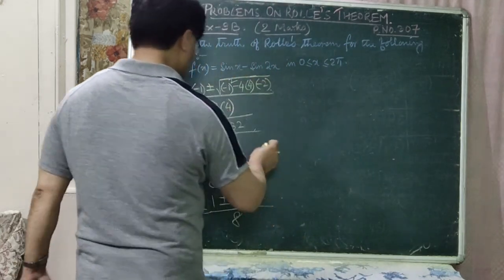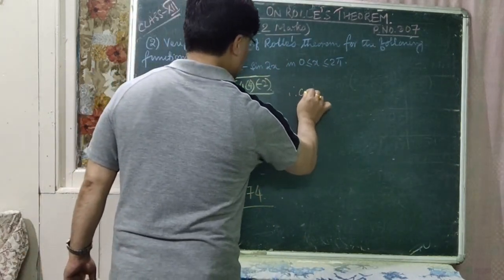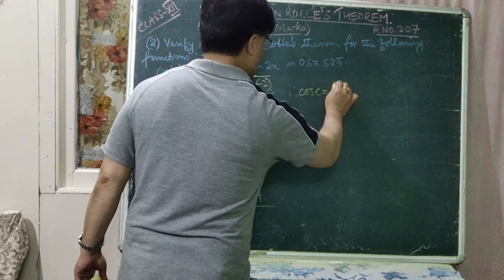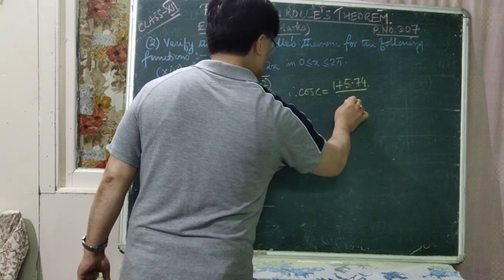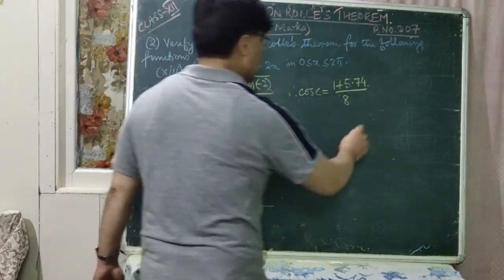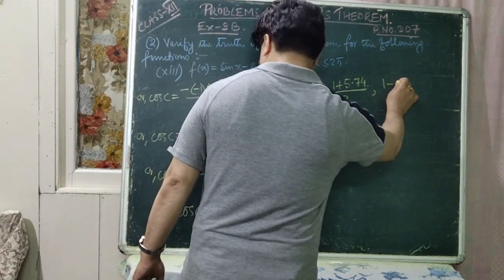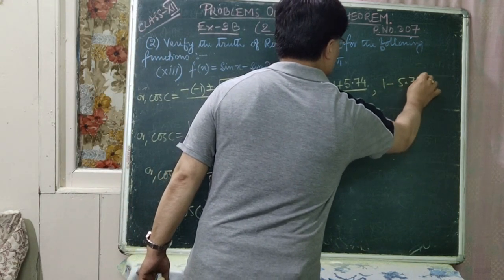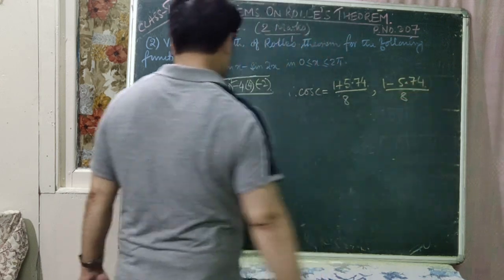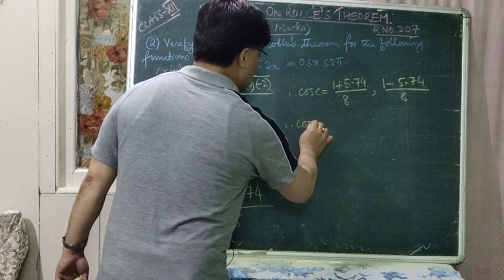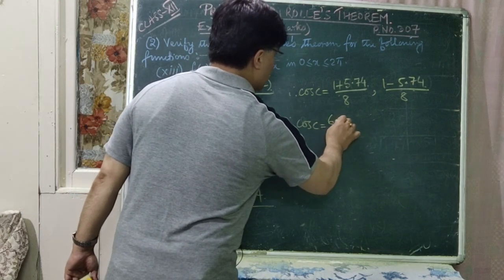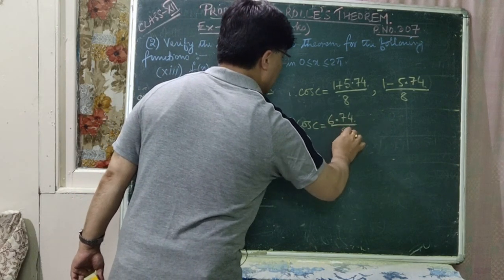So next, taking the positive sign, what do we get? Cos c is equal to 1 plus 5.74 divided by 8. And the next one is 1 minus 5.74 divided by 8. So you have to take both the signs here. Therefore cos c is equal to 6.74 divided by 8.